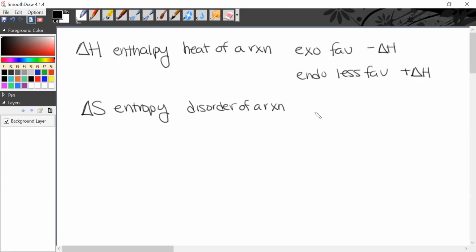Okay, what did we say was favorable? Messier is favorable. So a positive delta S, more disorder, we said was favorable, right? And a negative delta S, more order, less favorable.